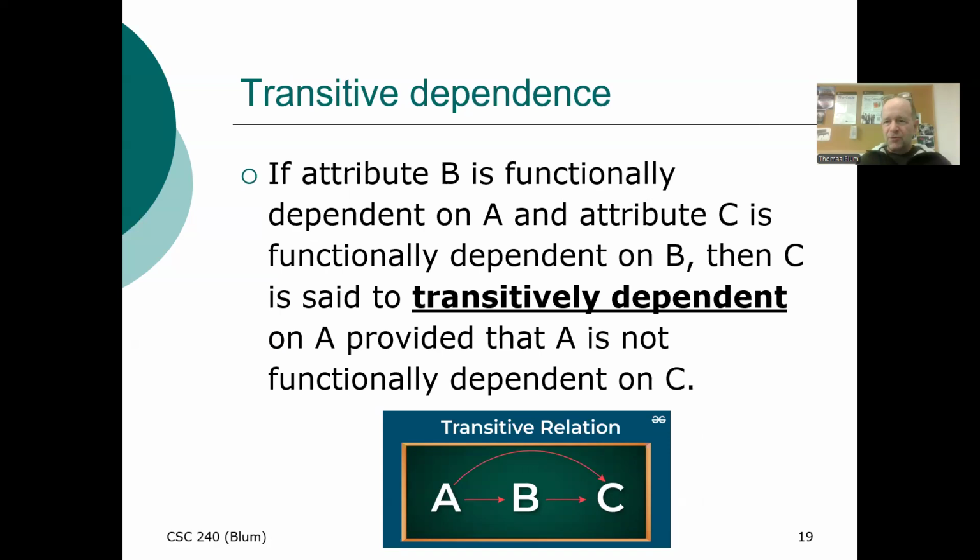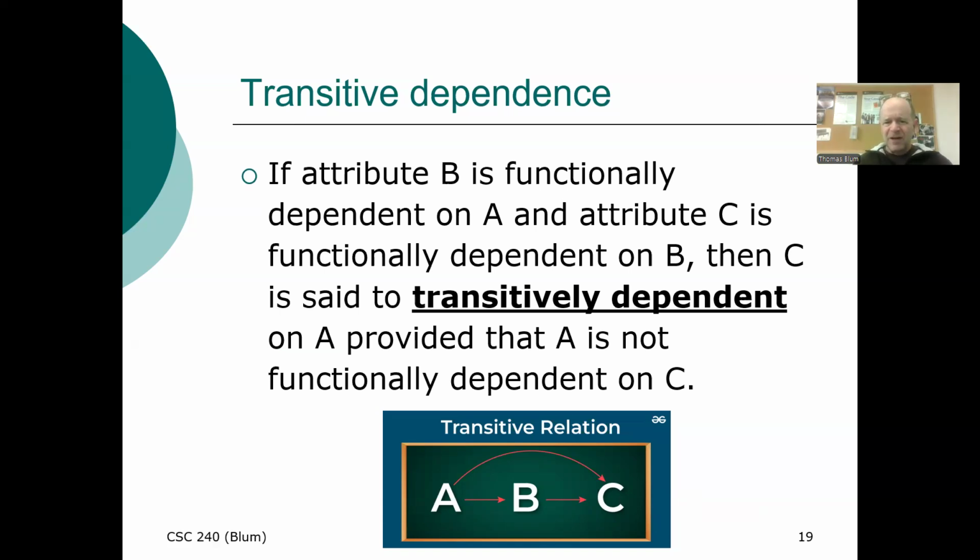Now we're getting ready to talk about transitive dependence. This will be important as we start talking about the third normal form. We're borrowing this concept from math, the concept of transitivity. We borrow lots of concepts from math.